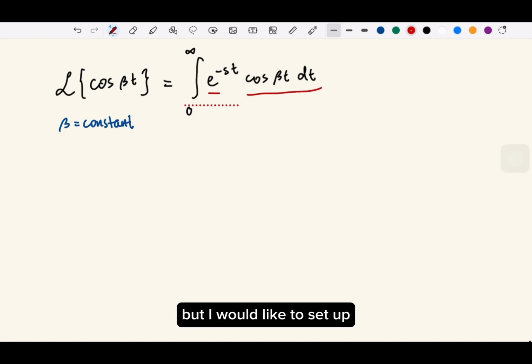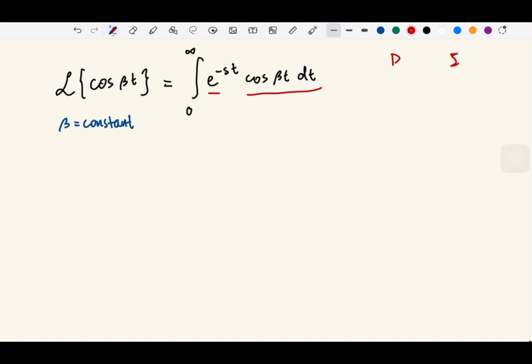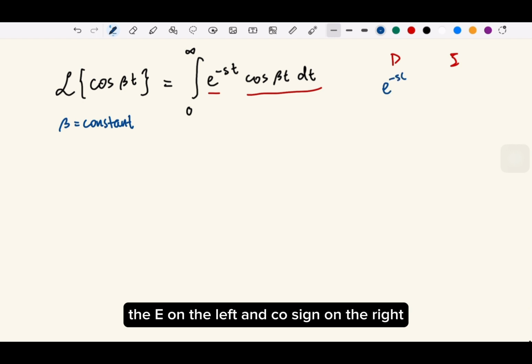But I would like to set up the integration by taking the e on the left and cosine on the right.